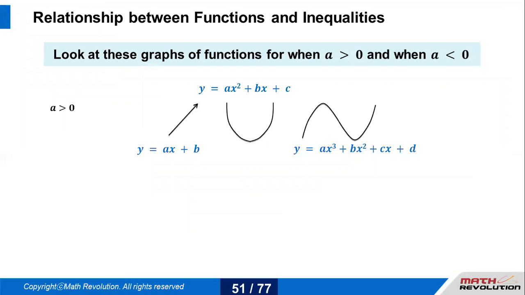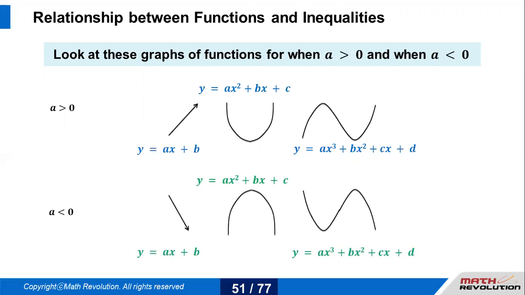So a is greater than 0 for y equals ax plus b. Your quadratic ax square plus bx plus c looks like a U. And then you have a zigzag pattern for ax cube plus bx square plus cx plus d. But if a is less than 0, then you have a downward slope for the line.